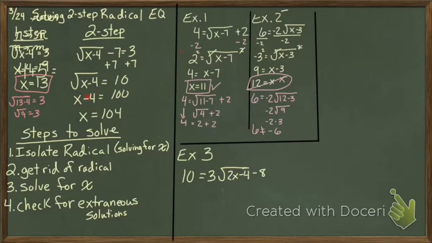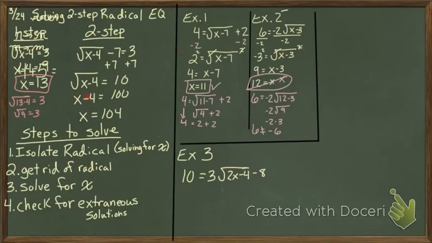Whenever you're isolating the radical, the steps are very similar to solving for x. So if I take this whole radical and move it out and put an x in there instead, the steps that I would solve for x, which is add 8 and divide by 3, those are the exact steps I'm going to take to get that radical by itself. It's what we've done on the previous 2 problems.